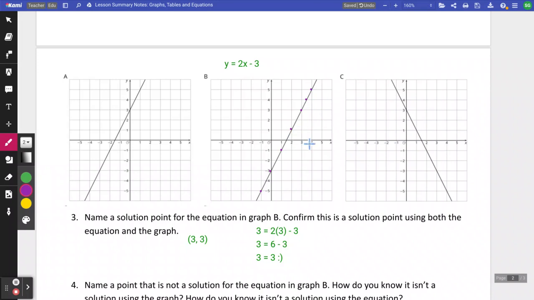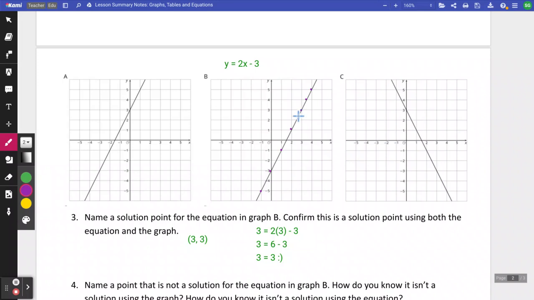It looks like it might be 3.54. It can be hard sometimes estimating what those decimals are. It looks like 3.5, but it might be 3.49. It might be 3.6. However, that's why we have this equation, and we could confirm it using that equation. It is 3.54, I believe, but if I didn't know that, I could confirm that in the equation.